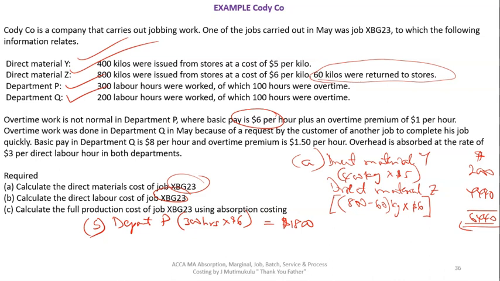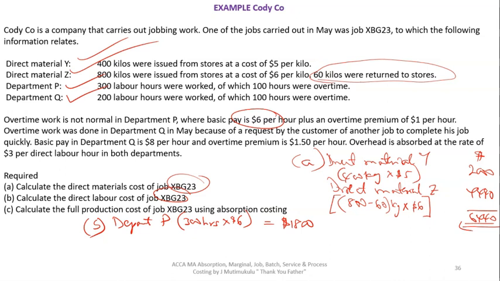Remember, this statement is saying 300 labor hours were worked, of which 100 hours were overtime. We know that within the overtime, there is also a basic pay component. So this is why we have included all the 300 hours which have been worked, because they include the 200 normal hours and 100 hours which were overtime.